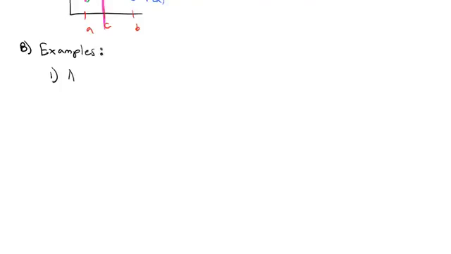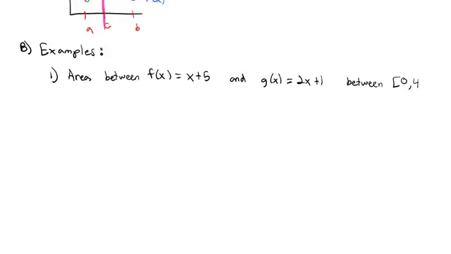Let's start with a simple one. We're going to find the area between f of x equals x plus 5 and g of x equals 2x plus 1. And we're only going to be interested in the values between 0 and 4.